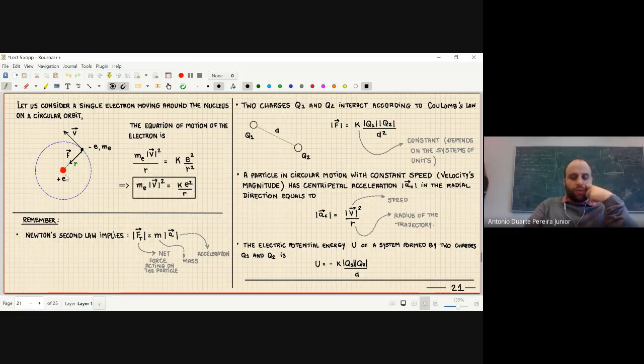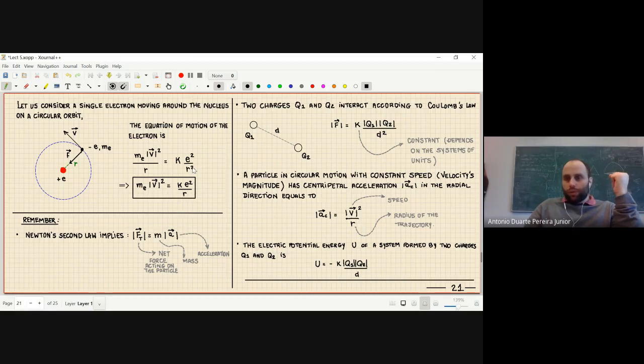The absolute value of this charge is e, and the absolute value of this charge is e, so you have e squared. And it will be divided by the distance between these two charges, which is nothing but the radius of this circumference. So this will be divided by r squared.